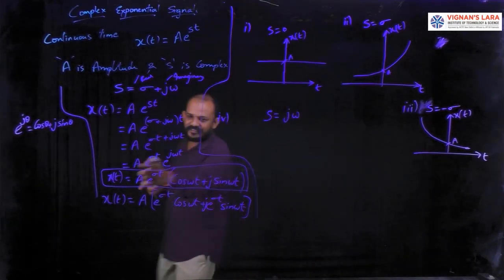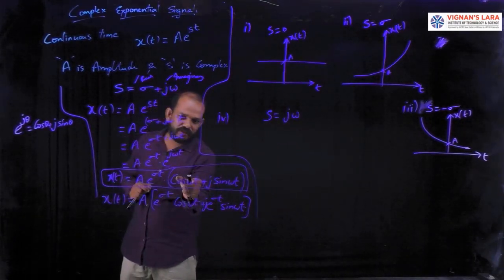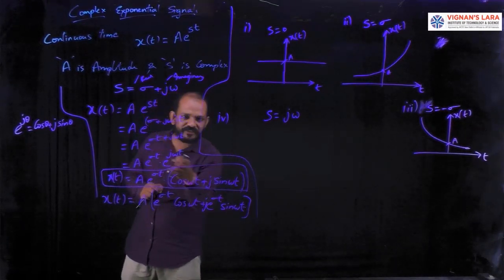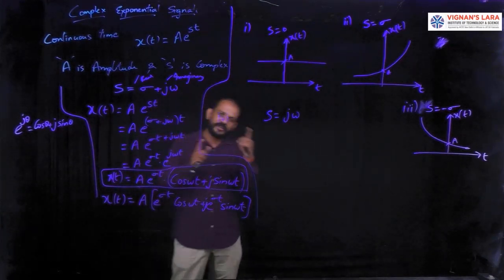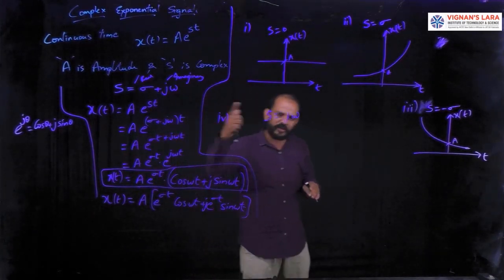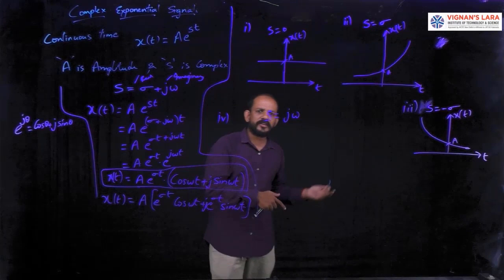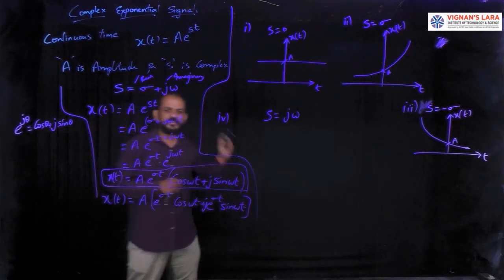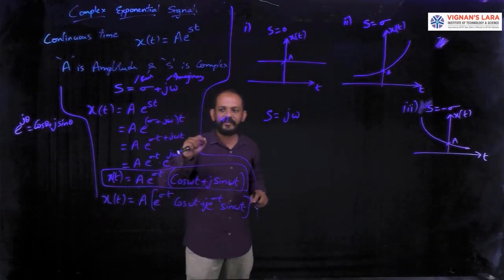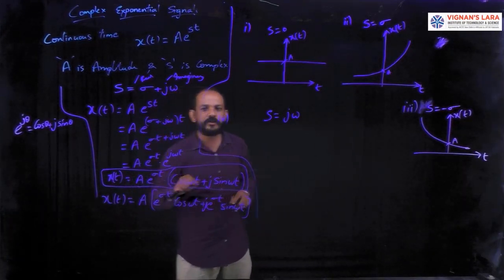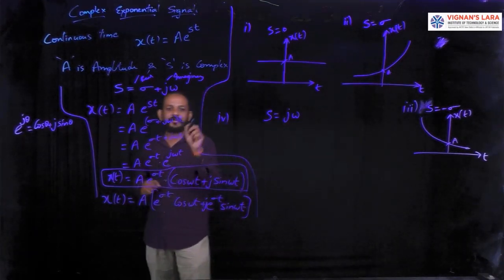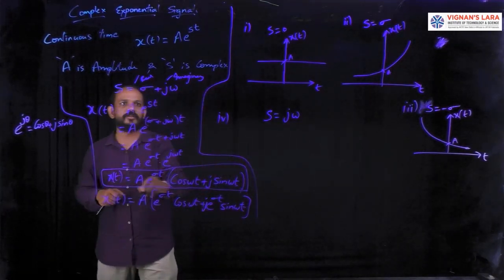That means this x of t consists of only cos omega t and sin omega t sinusoidal signals with amplitude a. The real part is cos omega t, and the imaginary part is sin omega t. So we get sinusoidal shape signals with amplitude a whenever sigma equals 0 and we have the value j omega.